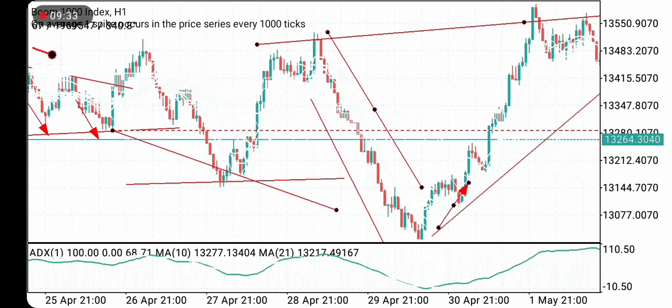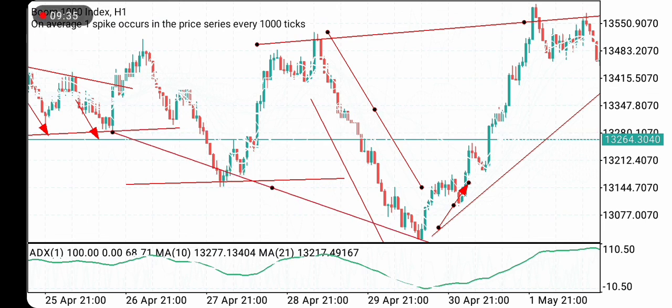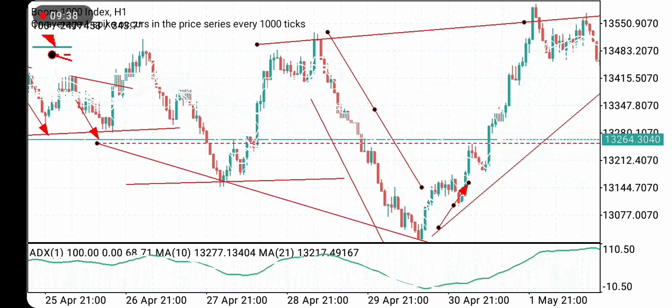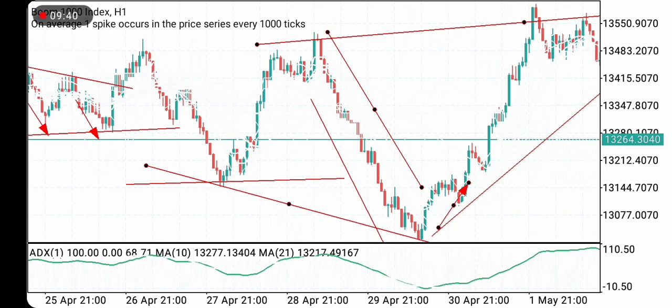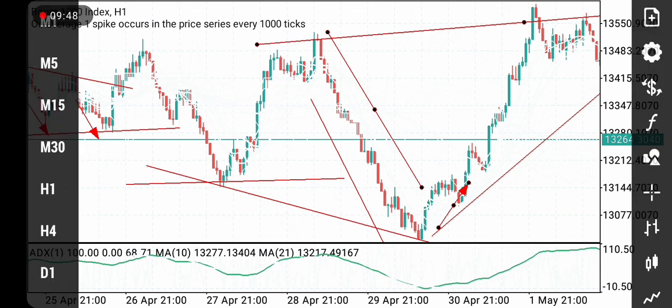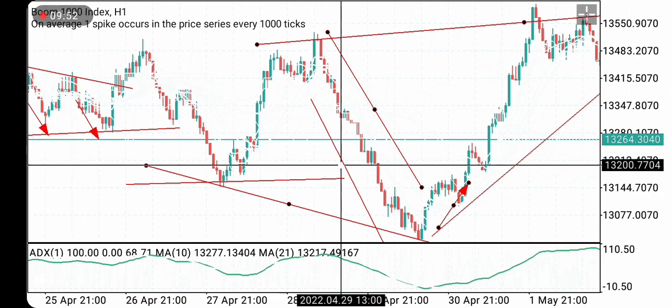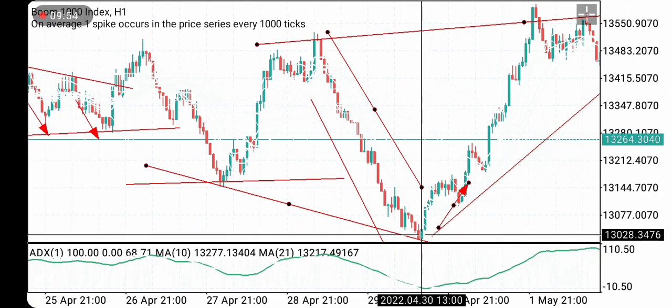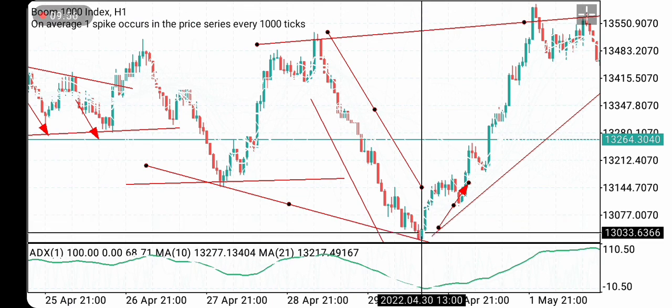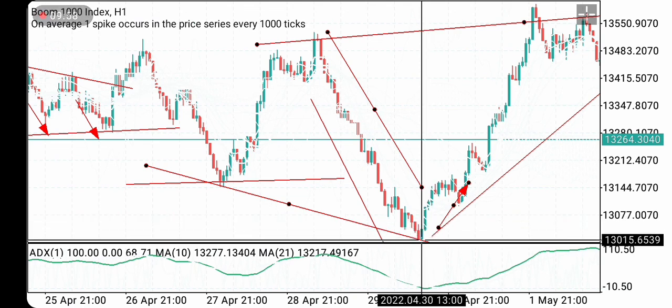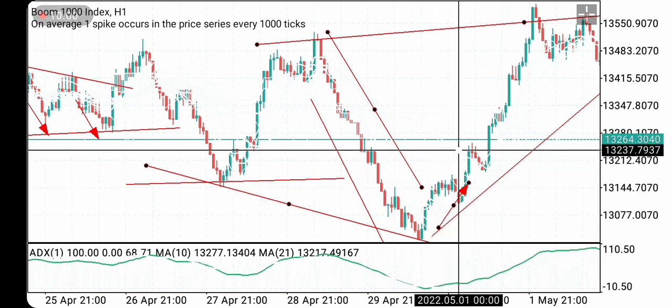When we make a slant support like this, covering this, we could see that we have a support level here. And when it got there, the market started moving upward.